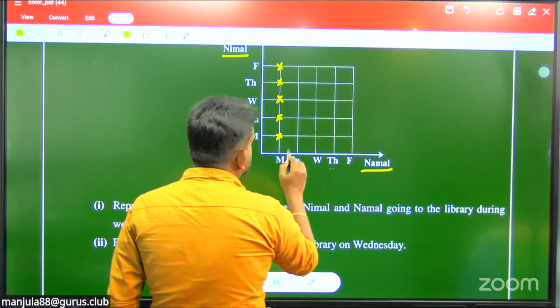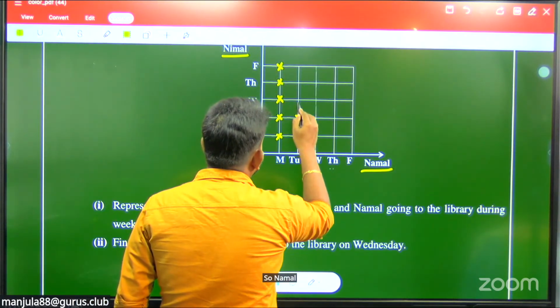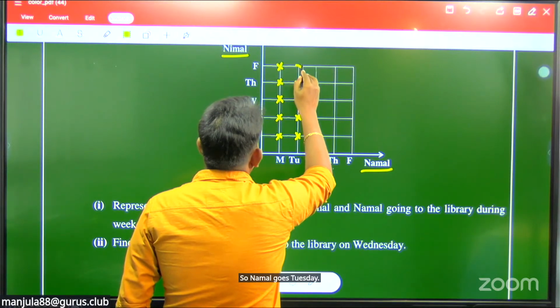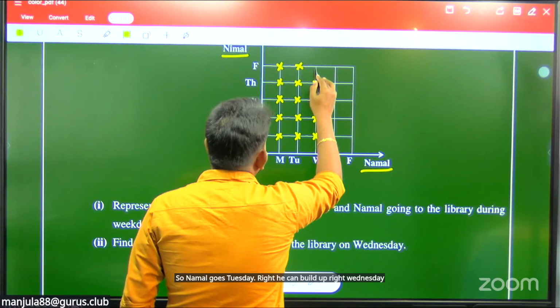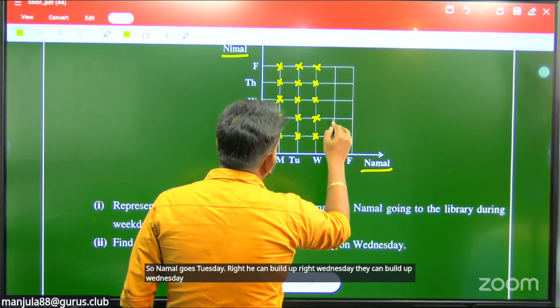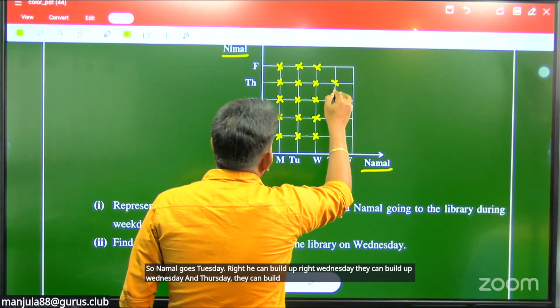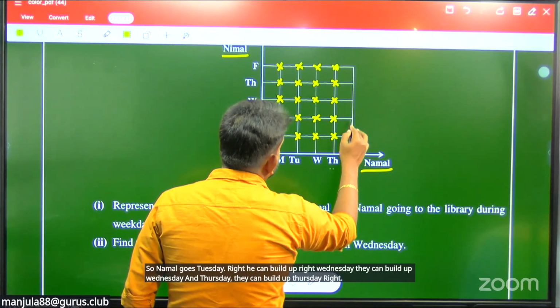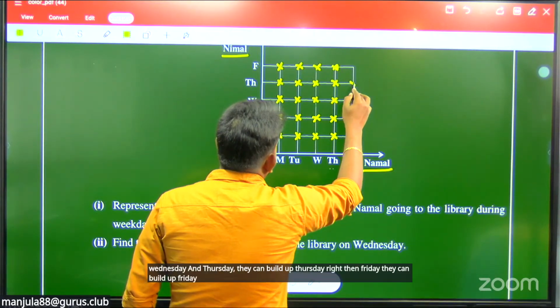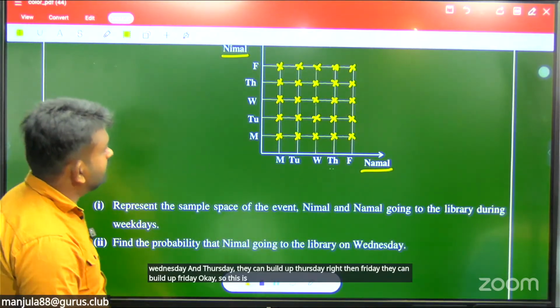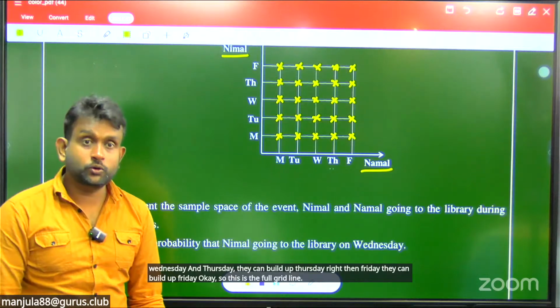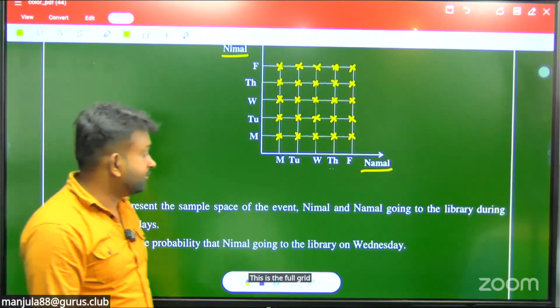So Namal goes Tuesday, and they can build up Tuesday. Wednesday, they can build up Wednesday. Thursday, they can build up Thursday. Then Friday, they can build up Friday. So this is the full grid. For filling this, there are 2 marks.